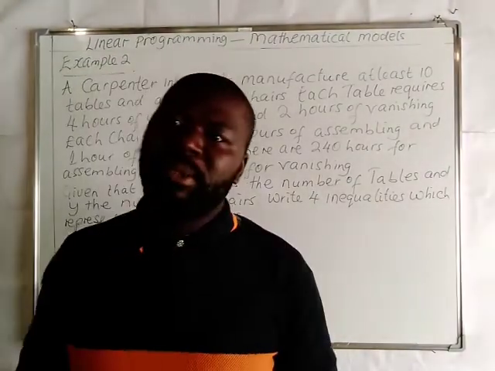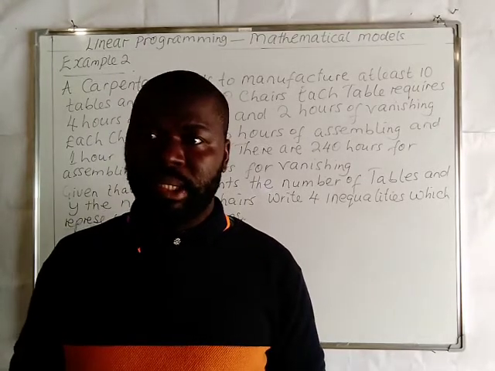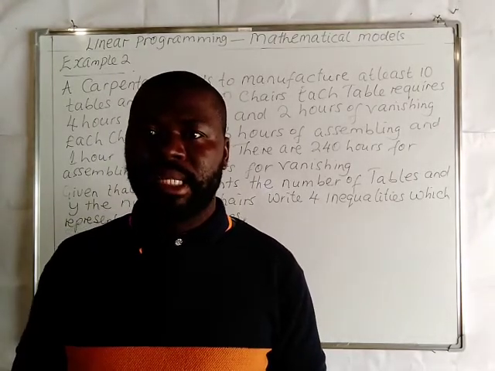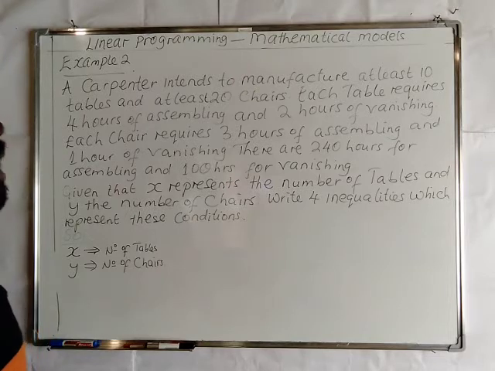Okay, we are continuing with linear programming where we are looking at mathematical models. So this is our second example. A carpenter intends to manufacture at least 10 tables and at least 20 chairs.